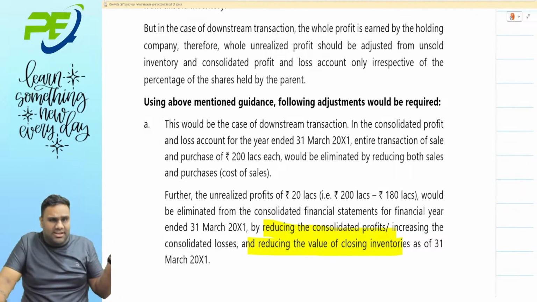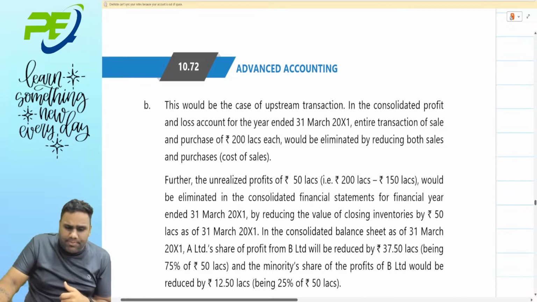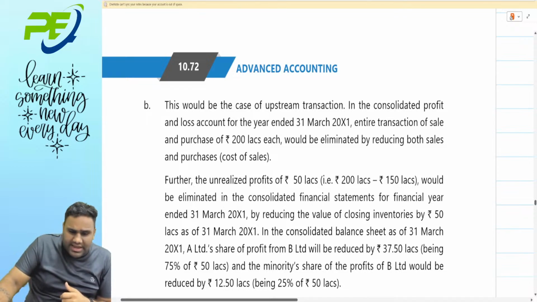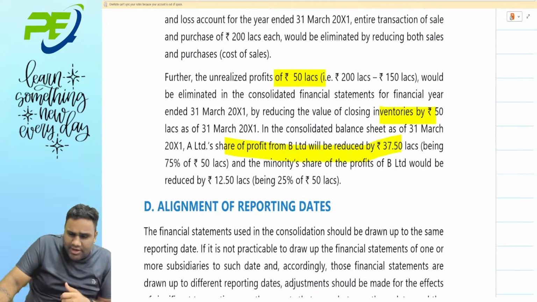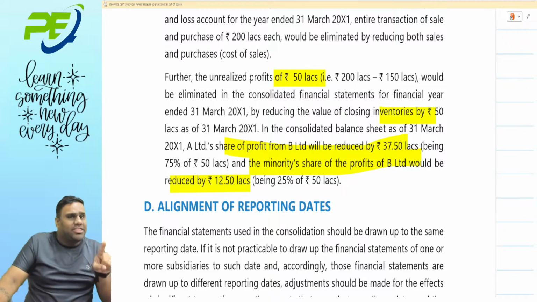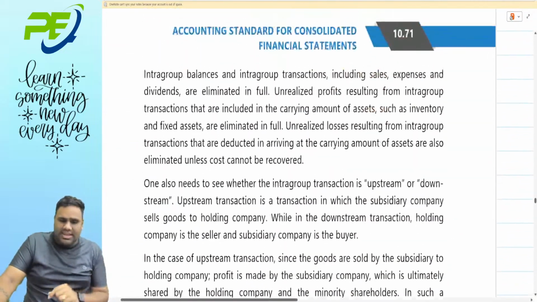This is what we wrote in the journal. And the second part: the unrealized profit of 50 lakh would be eliminated by reducing the value of closing inventory by 50, and profit will be reduced by 37.5 and minority would be reduced by 12.5. Same thing we have written in the journal.